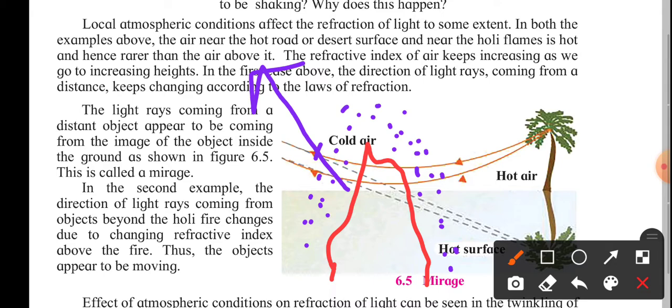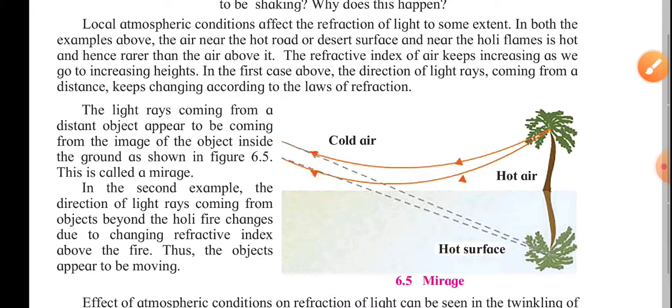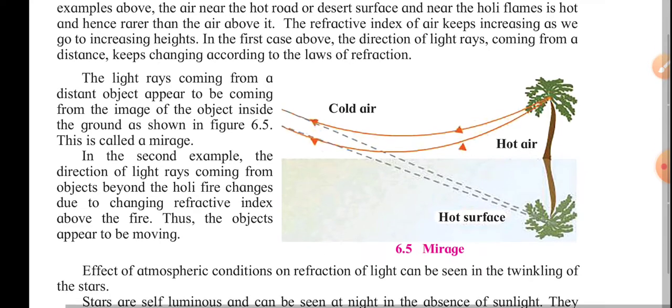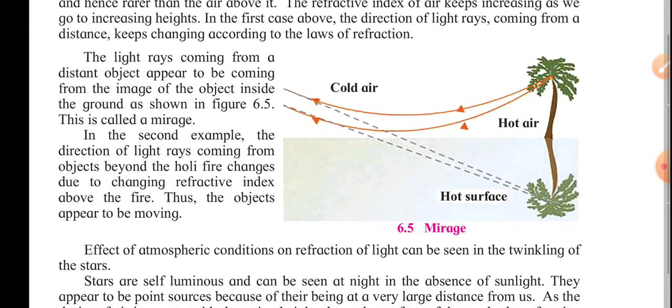So we are going to use this phenomenon to study the twinkling of stars. In the twinkling of stars also, a similar thing happens.